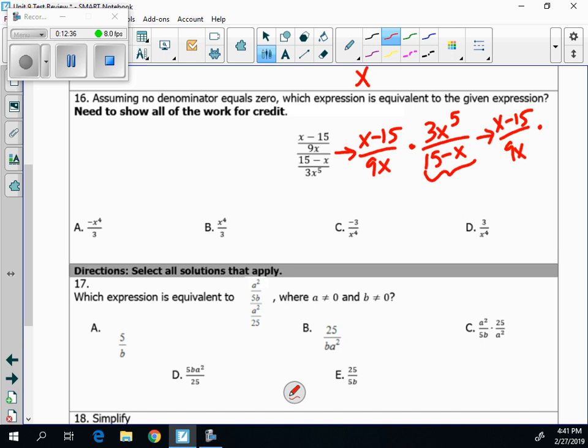brain. That's on paper. Now you can see that anytime the leading coefficient, the leading term, is negative, let's factor a negative 1 out. So I'm just going to rewrite that first fraction, and let's factor out a negative 1. We're left with x minus 15.